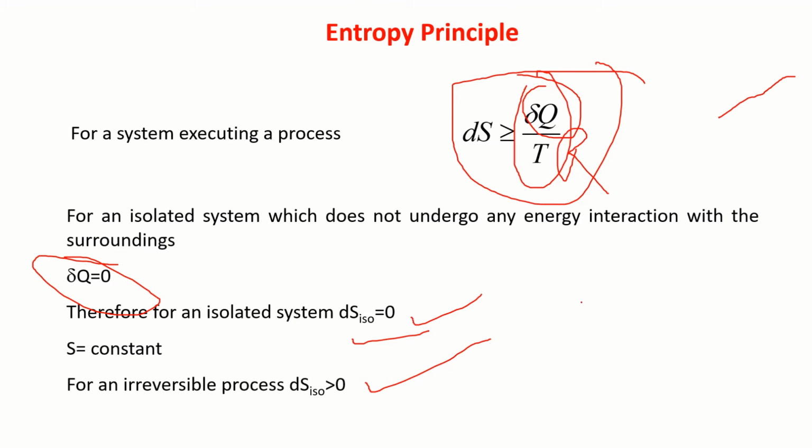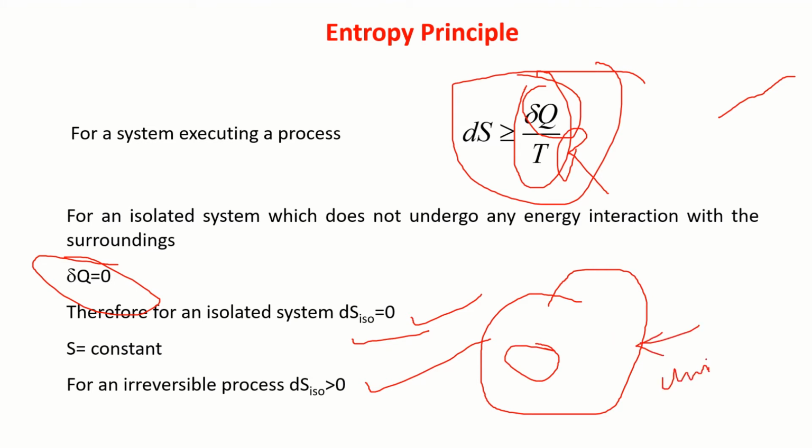So, system and the surroundings together, you can call it as universe. The processes are never reversible, always irreversible. So you can consider the universe as an isolated system.